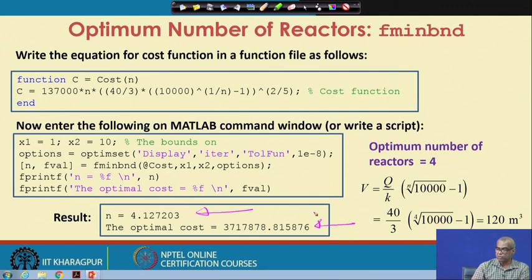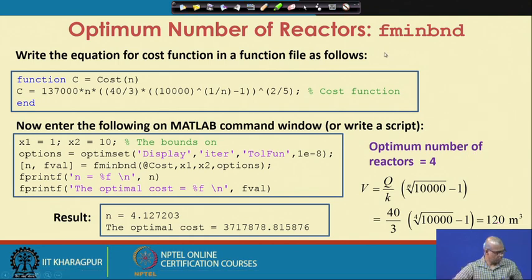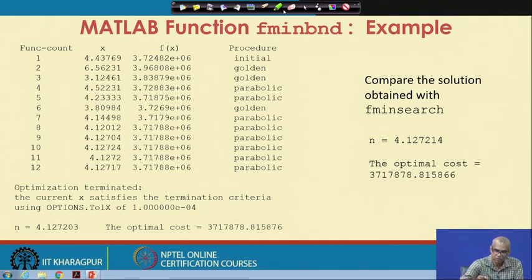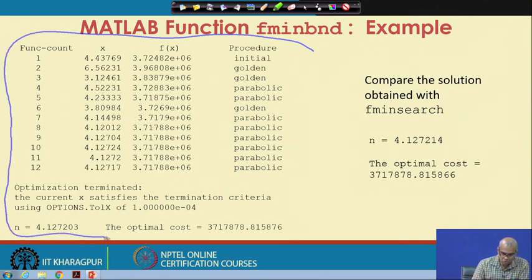So, the optimum number of reactors can be taken as 4, and then you can compute the volume of each CSTR as 120 meter cube. So, this is the output of fminbnd.